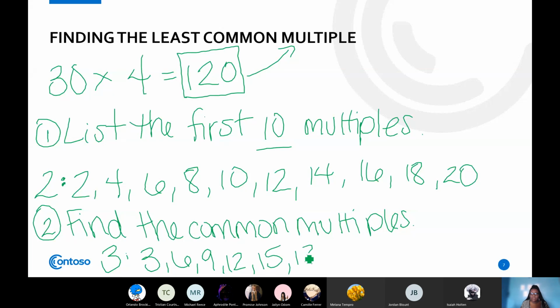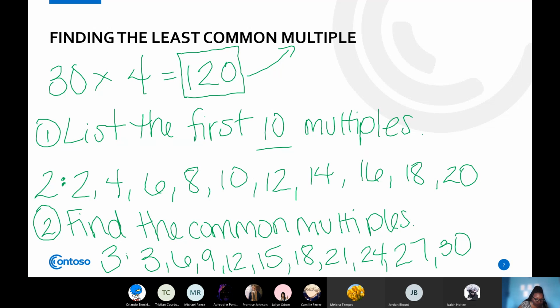Remember, I'm listing the first 10. So after I've listed my first 10 multiples of each number, my second step is to find the common multiples.